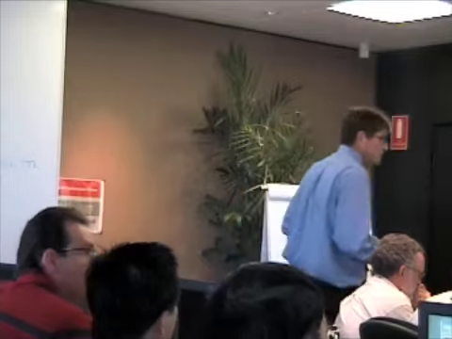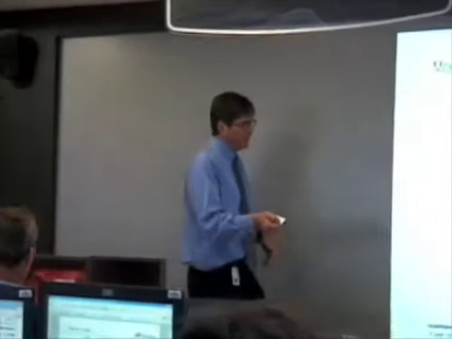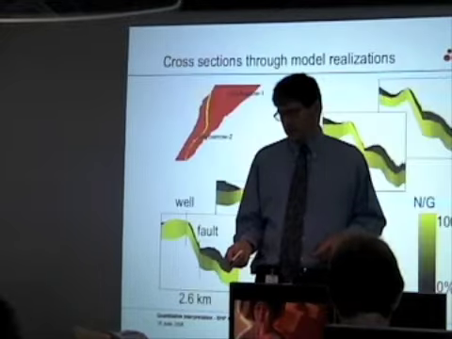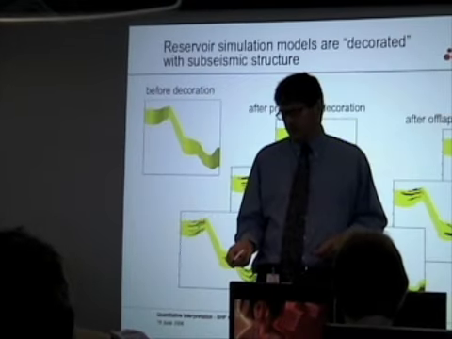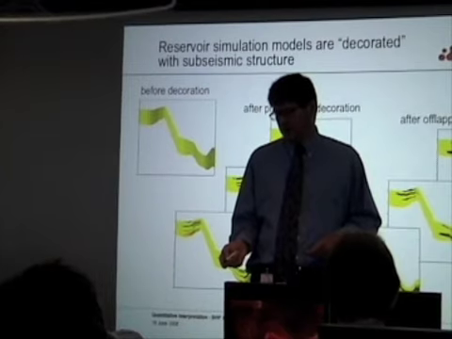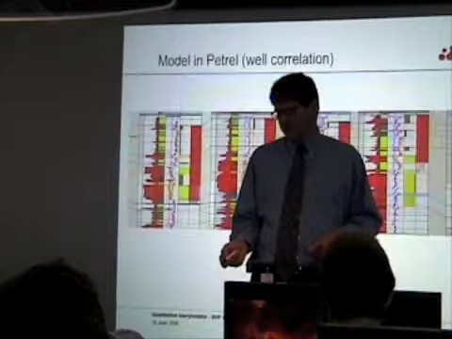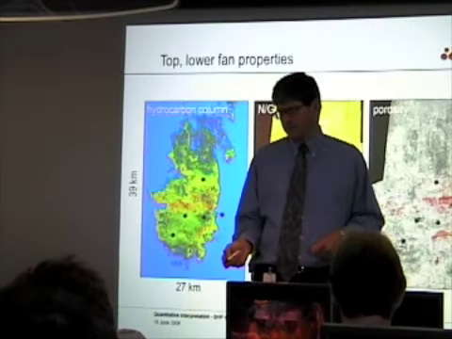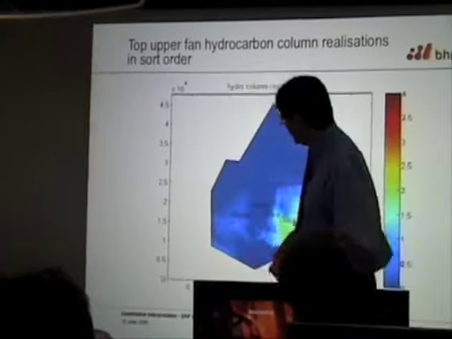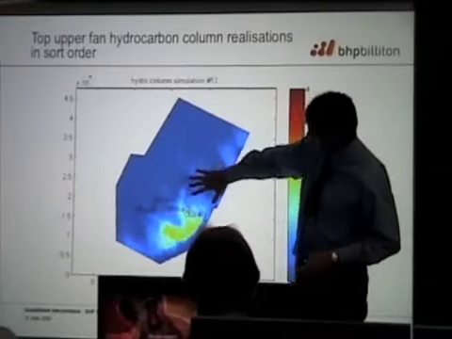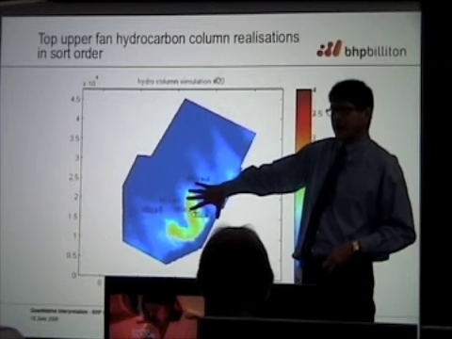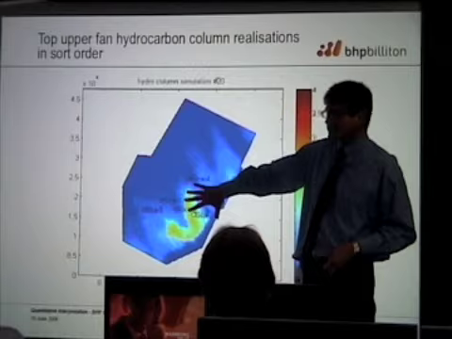Okay. What we end up doing, and it's fairly simple, is we have generated one of these or an ensemble of these maps, with the lateral correlation also built into it.